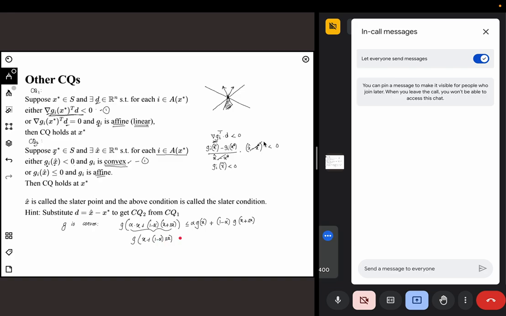If you apply the Taylor series expansion for this, this will be g of x plus 1 minus alpha grad g delta x plus some higher order terms.